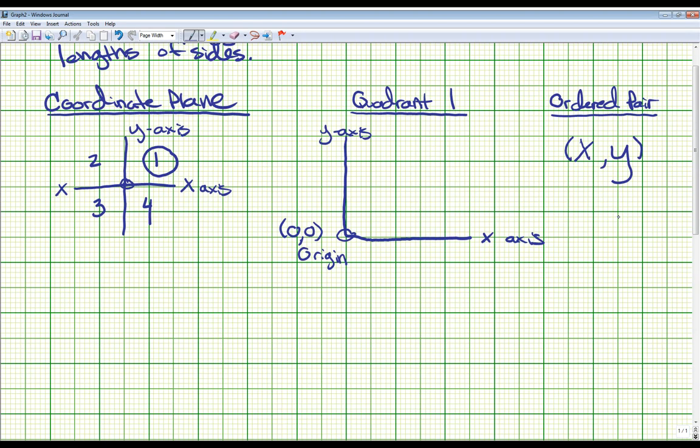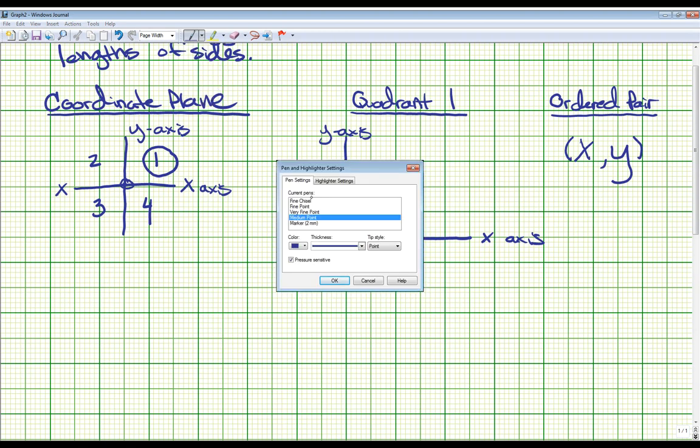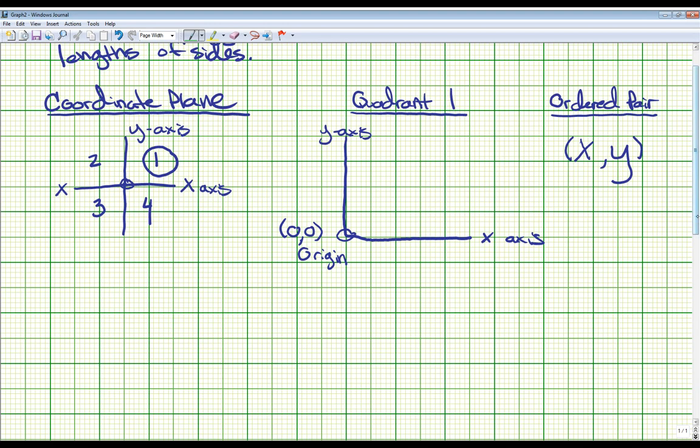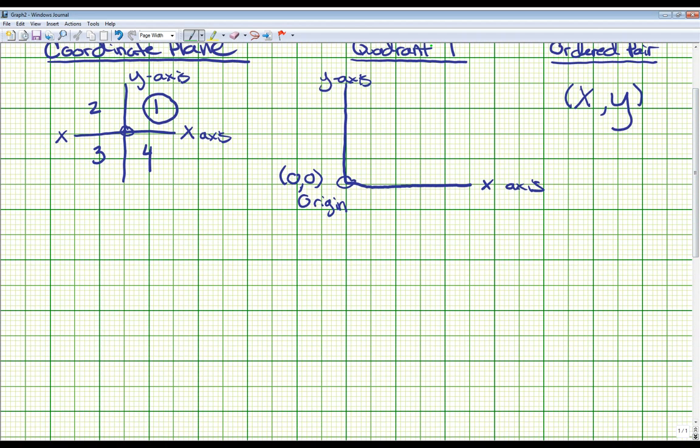So if we take a look back at 176, it says drawing a polygon in a coordinate plane. The vertices of a quadrilateral are A (2, 4), B (3, 9), C (7, 8), and D (8, 1). Draw the quadrilateral in a coordinate plane. So for example 1, we'll switch colors here so we can see this as an example. I'm going to draw the same coordinate plane that I've done up here.